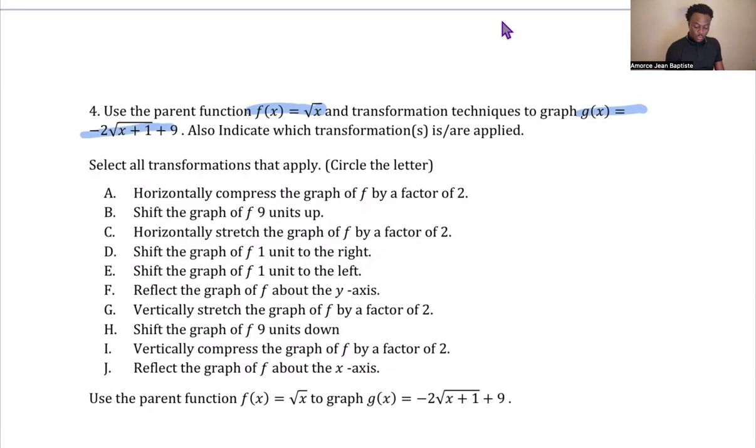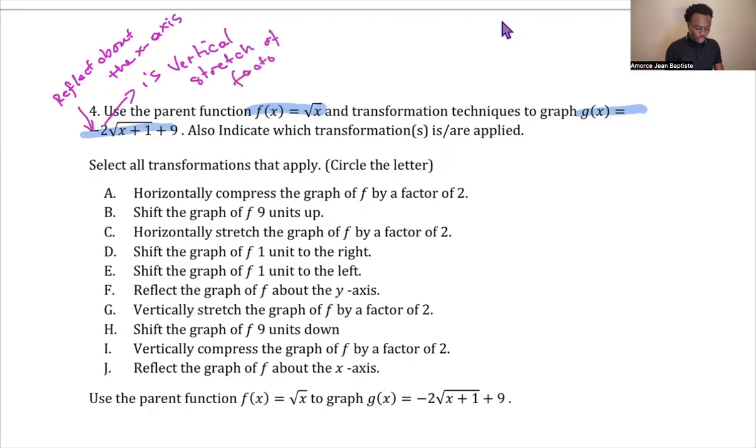So we can tell this negative sign is a reflection about the x-axis. The 2 is a vertical stretch of factor 2.